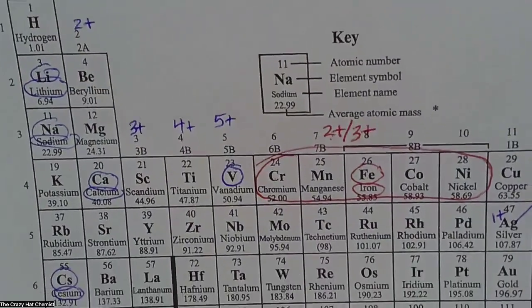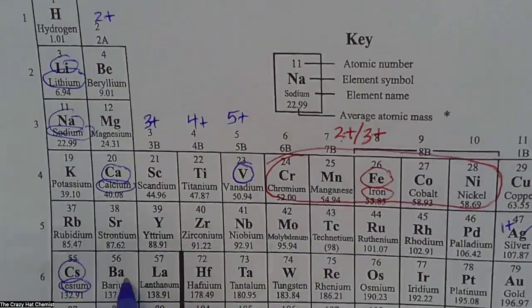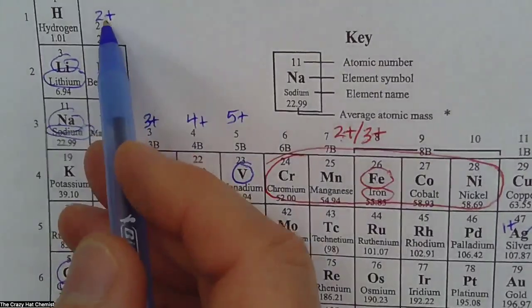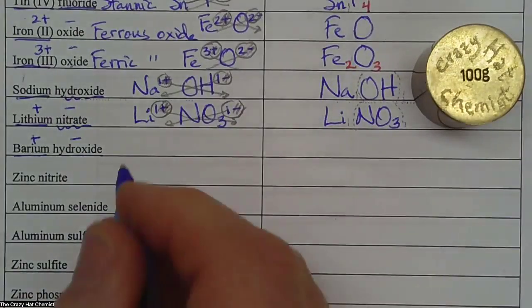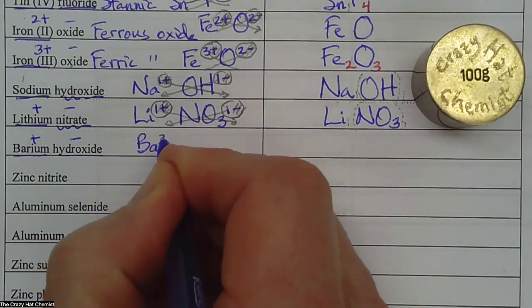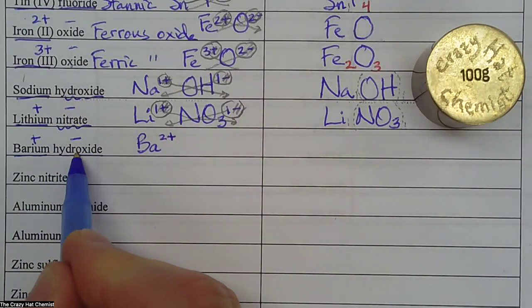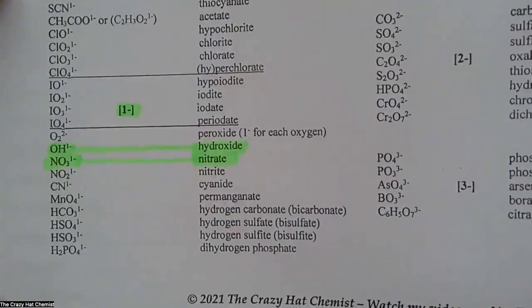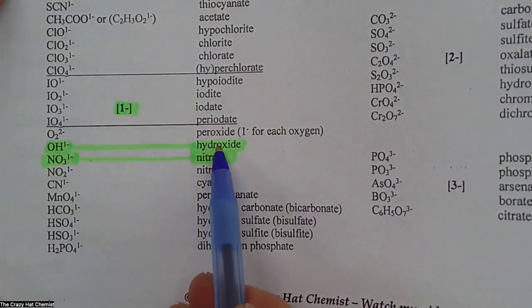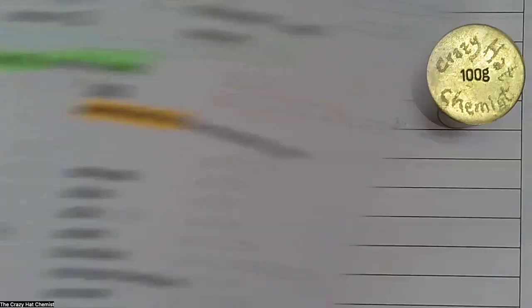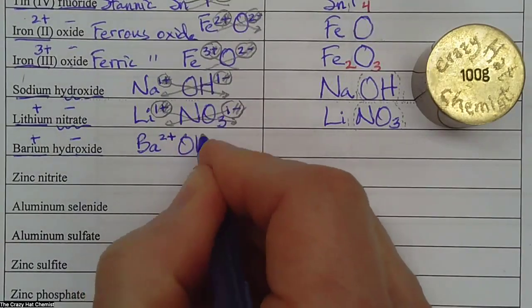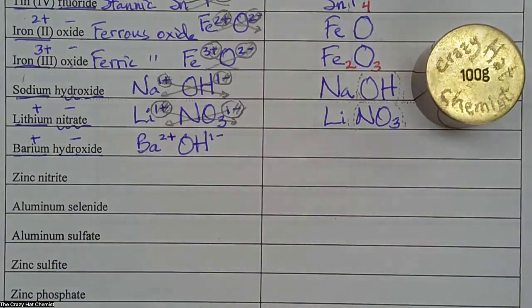Barium, it's Ba, and it's a 2 plus category. So Ba and a 2 plus. We've actually already found hydroxide. It's a polyatomic ion. You can find it no other place but right here. That's hydroxide. That's an OH1 minus. So that's OH and a 1 minus.